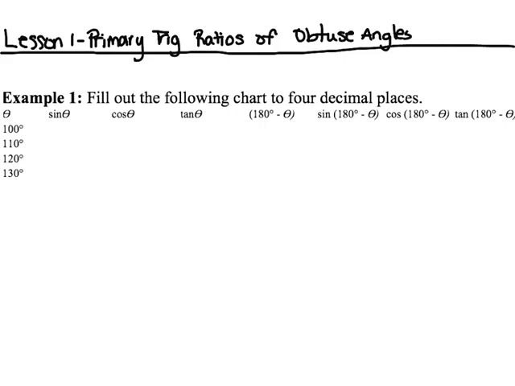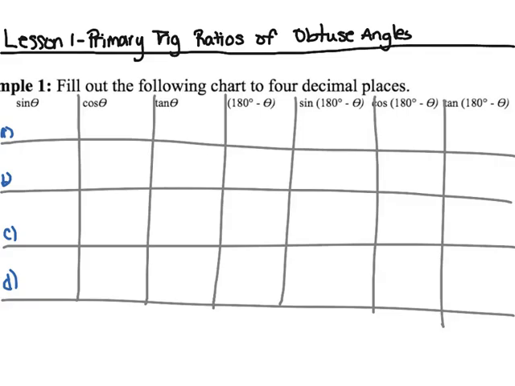So we're going to fill out the following chart. For the first one, A, which is 100 degrees, I'll just write that down here. It's already on your chart, but I just don't have room on mine. So we want to figure out the sine of 100 degrees to 4 decimals.